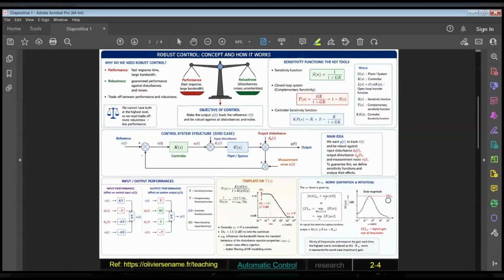The largest gain value among all frequencies is called the H-infinity norm. Mathematically, as you can see, here is our formula for the H-infinity norm. In simple words, we test all frequencies and look for the highest amplification. That highest value is the H-infinity norm.